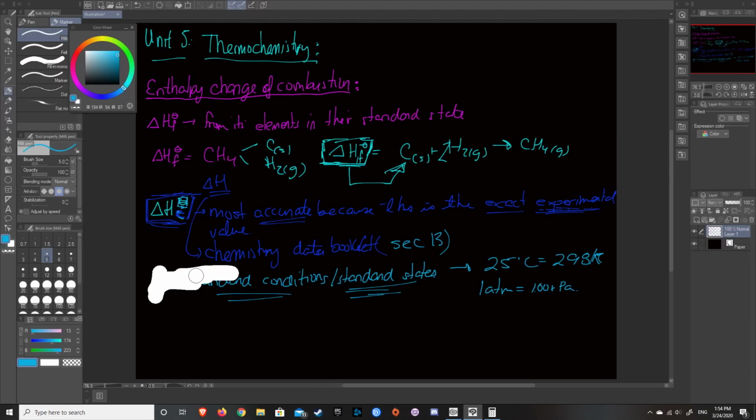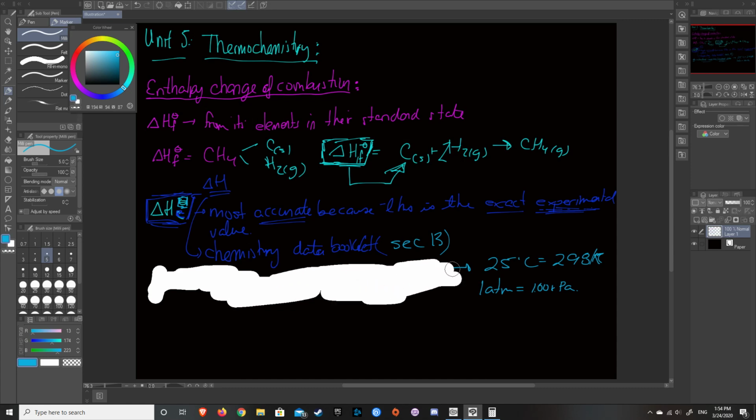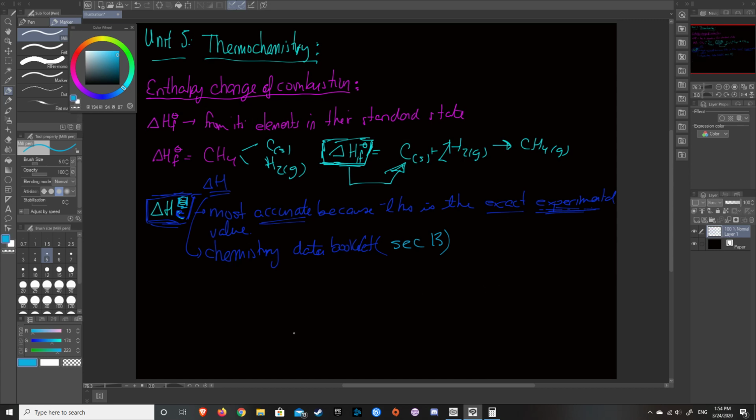So this is just another value given to you in your chemistry data booklet, and it's the most accurate because it's the exact experimental value.